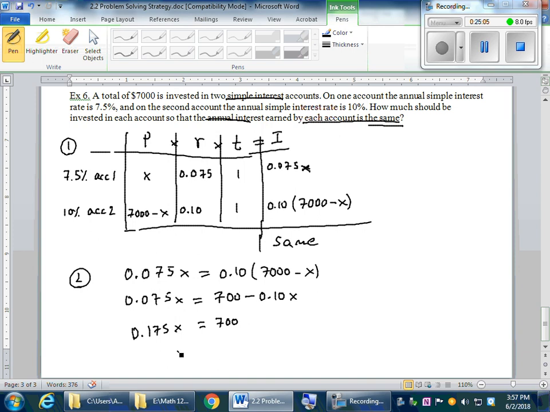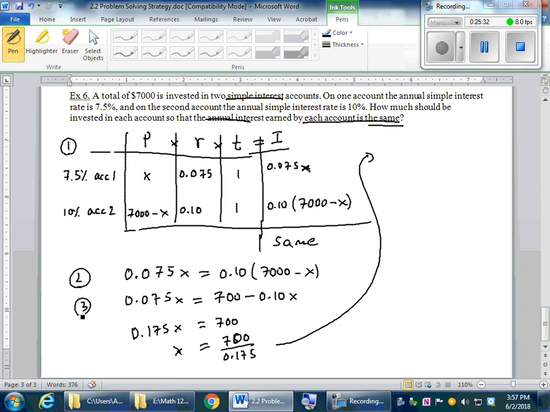And dividing both sides by 0.175, okay? And remember, you can use a calculator, so there's no point in dividing using long division in this case.